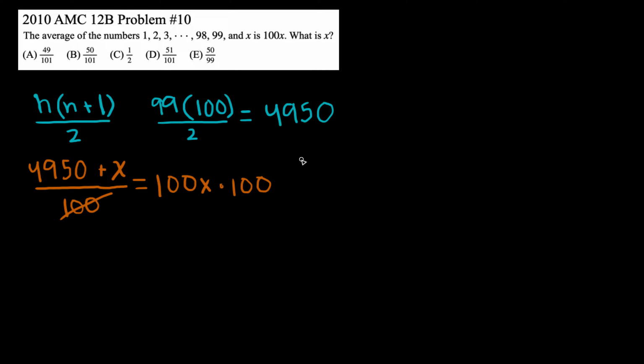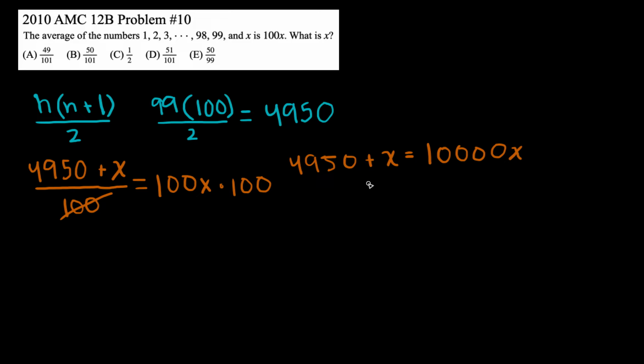From this, we are left with 4,950 plus x is equal to 100 times 100, which is 10,000x. Now we can solve for x by bringing the x terms all to one side.